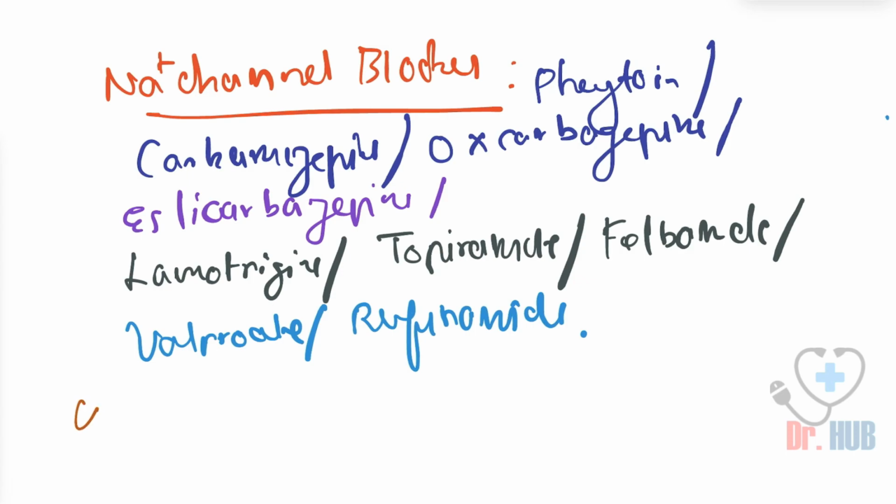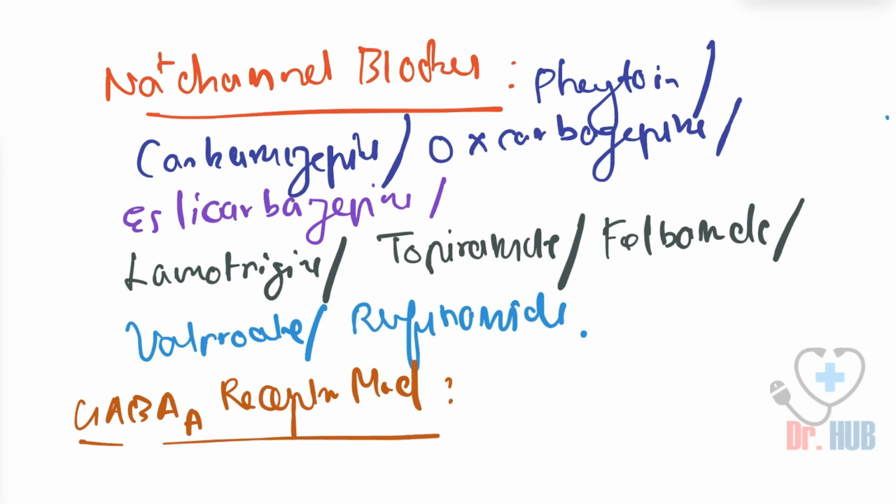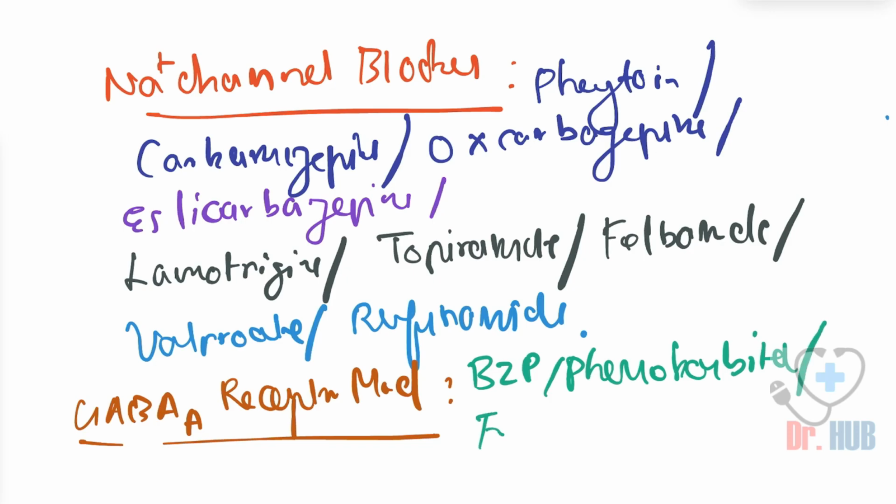Then we look at the GABA A receptor modulators. So under this there are the benzodiazepines, phenobarbital, there is also the felbamate and the primidone.